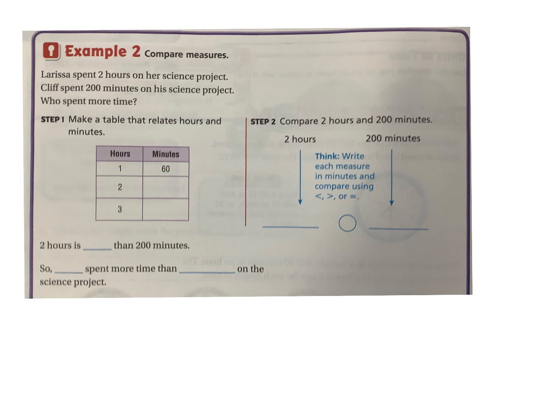So 60 times 2 is 120 minutes. And if we went 3 hours, 1 times 3 is 3. So 60 times 3, 6 times 3 is 18, with a 0 on the end, 180. She spent 2 hours, which is 120 minutes. This is Larissa. Cliff spent 200 minutes. That's already minutes.